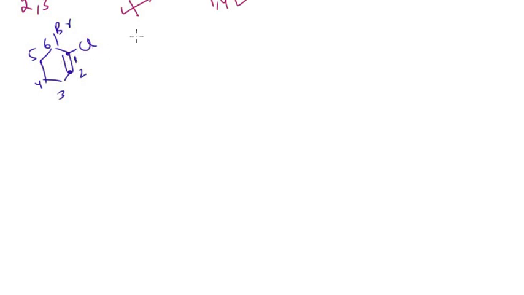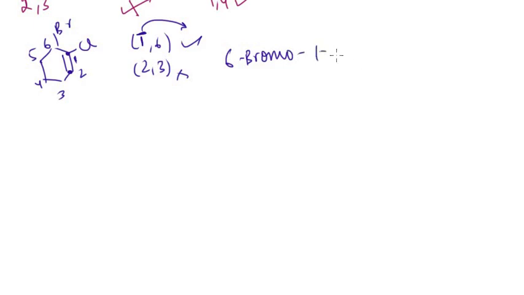We have seen in the previous video, there is first point of difference. Here we are getting substituent 1,6 and in the other case we will get 2,3. So first point of difference, you have to check my previous videos. The very first point of difference occurs when the naming is 1, 2. So it will be right, it will be wrong. So it is 6 bromo 1 chloro cyclohex 1 ene.